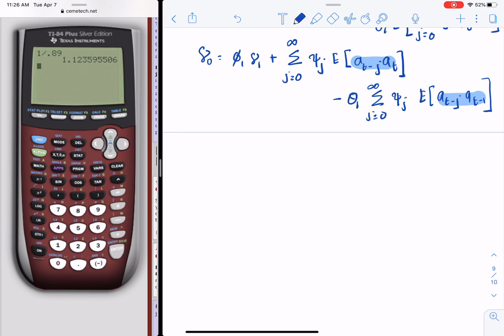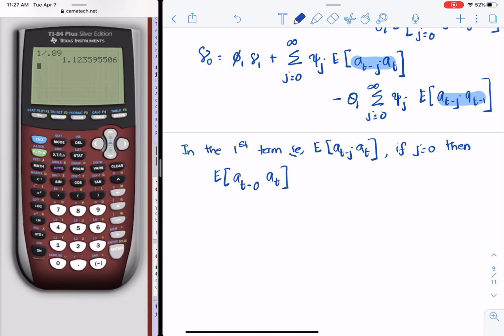So in the first term, i.e. expectation of a t minus j a t, if j is equal to 0, then expectation of a t minus 0 times a t would equal expectation of a t times a t, which is expectation of a t squared. Expectation of a t squared is simply the variance.